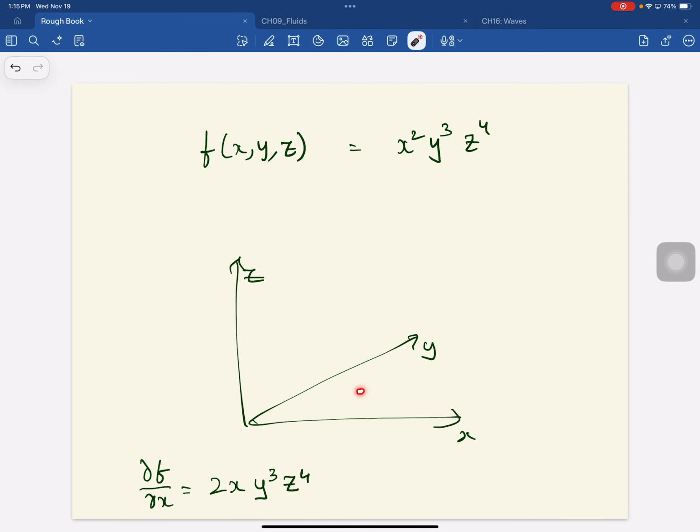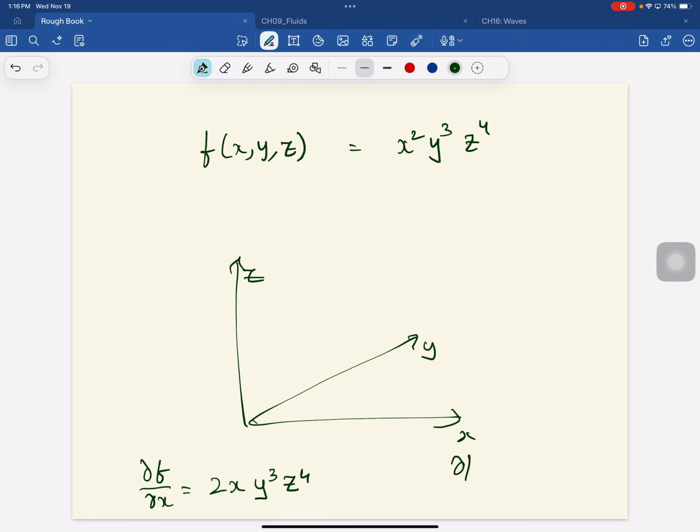Let's say you're evaluating at that point. And how do you keep y and z constant? If you travel parallel to the x-axis, on this line, y and z are constant. That's what the partial derivative means. How is f changing as you travel parallel to the x-axis?